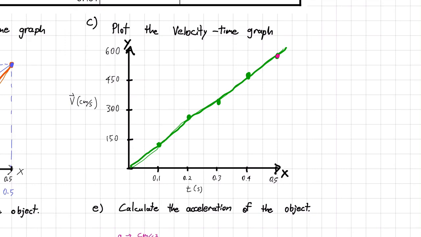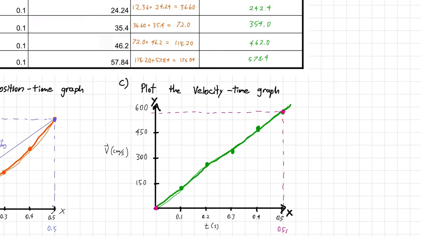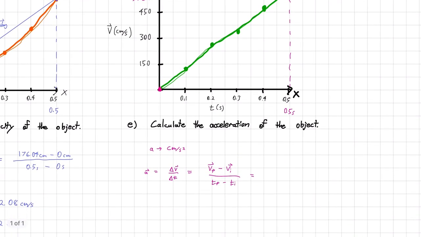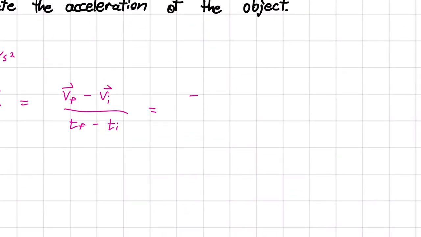Our final point and our 0. Time here is 0.5 seconds. If we follow our line across, just taking a look back at our data, 578.4 centimeters per second. We plug those numbers into our formula here.